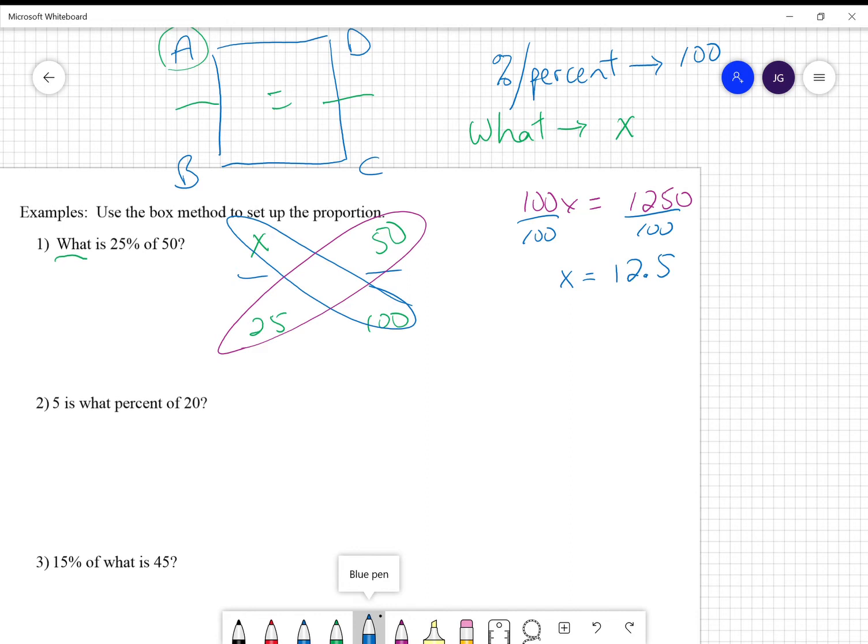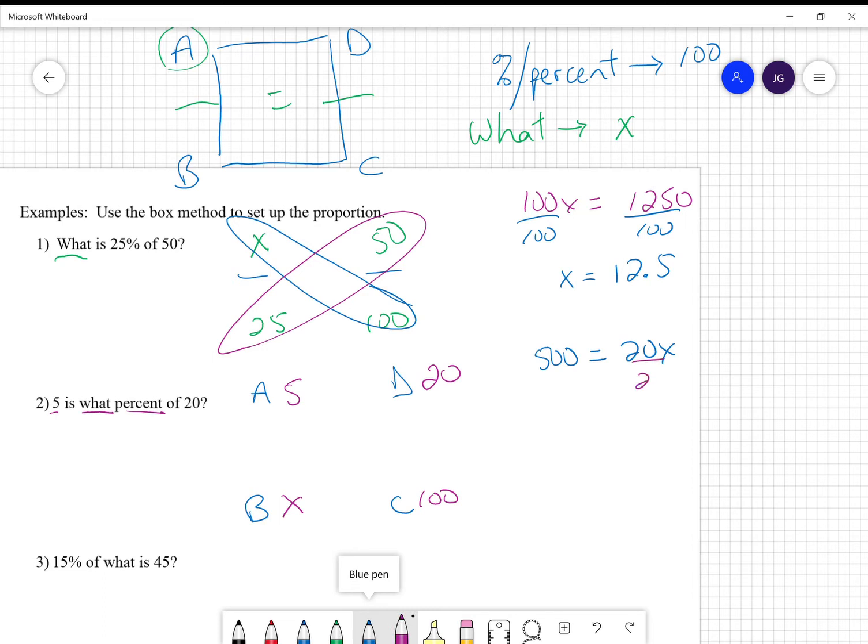Let's look at number 2. 5 is what percent of 20? A is 5. B is x. 5 is what percent is C is 100. 20 is D. When you cross multiply, you have 5 times 100 equals 20 times x.